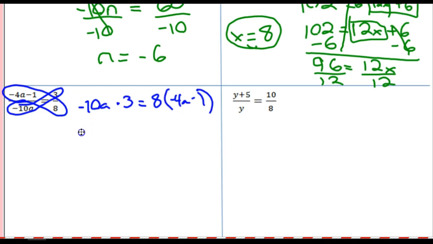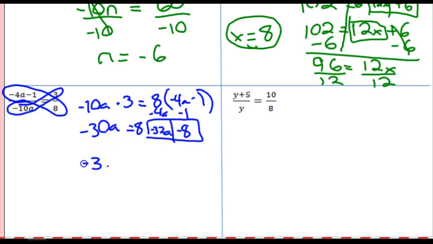Negative 10a times 3 gives us a negative 30a. We can draw our box to solve this. 8 times negative 4a minus 1. 8 times negative 4 is negative 32a. 8 times negative 1 is negative 8. We have a negative 30a equals negative 32a plus 8, or minus 8.